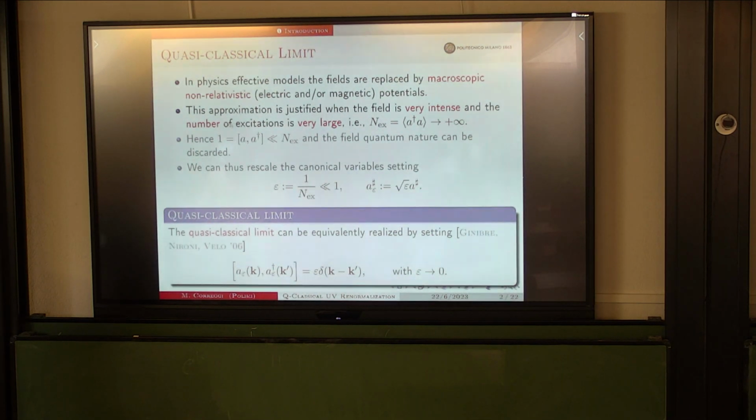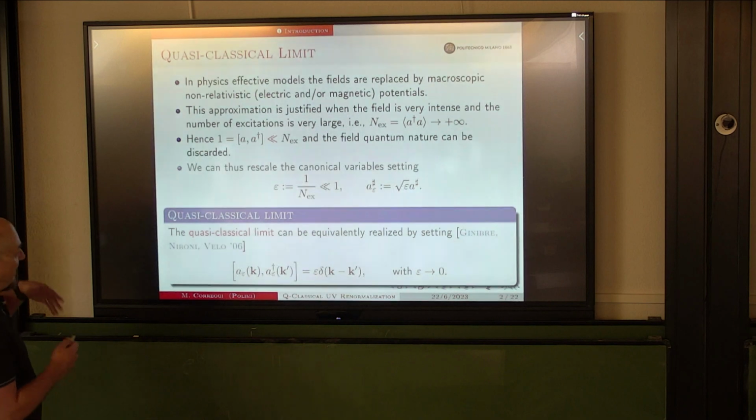So the state is such that the number of excitations of the field is quite large. Quite large compared to what? Quite large compared to the commutator of a and a dagger, the CCRs, if you like. If the average number of excitations is much larger than the commutator, you may think that you can discard one compared to this large number of excitations.